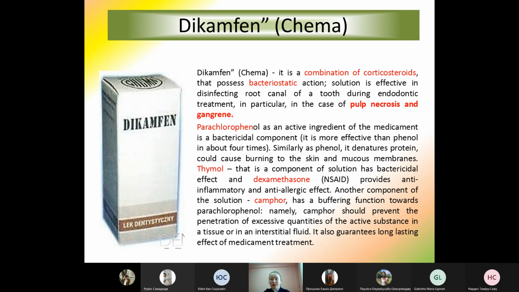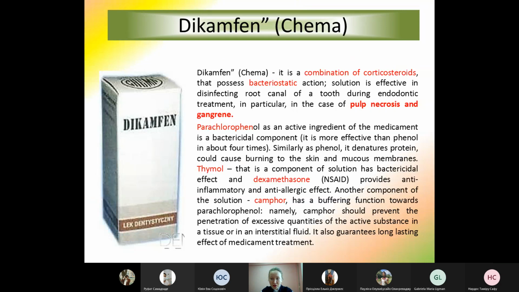It denaturates protein, and could cause burns to the skin and the mucous membranes. Thymol, a component of the solution, has bactericidal effect, and dexamethasone, a non-steroid anti-inflammatory drug, provides anti-inflammatory and anti-allergic effect. Another component of the solution is camphor.